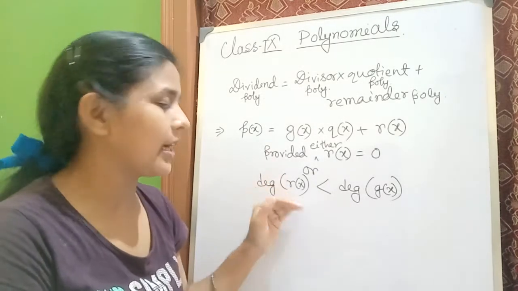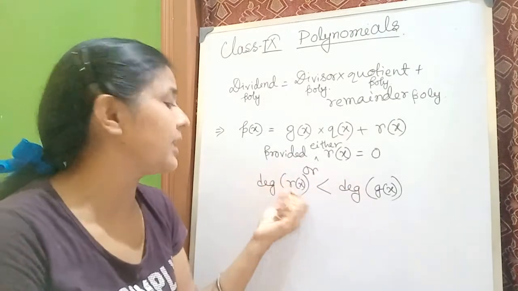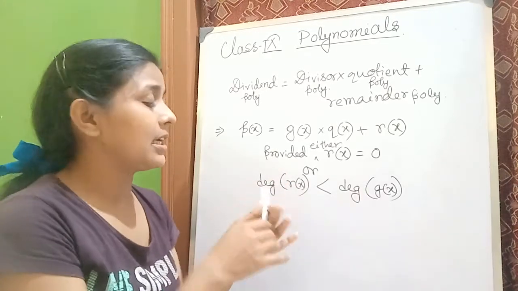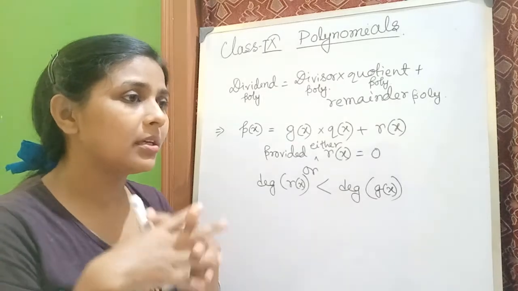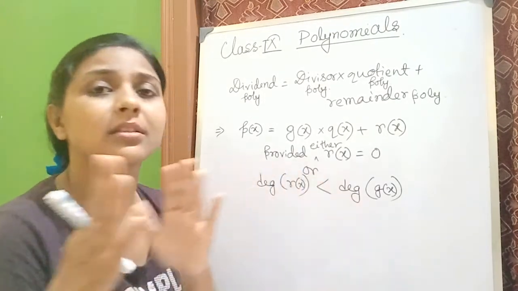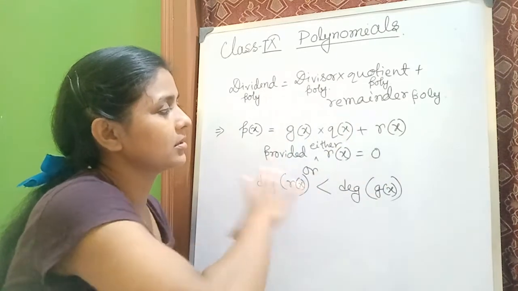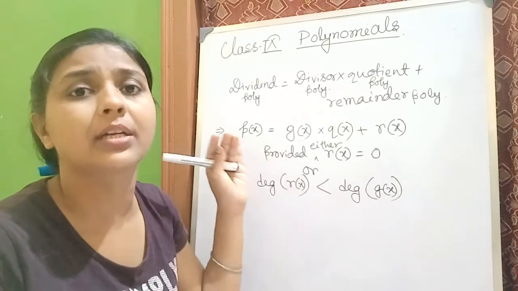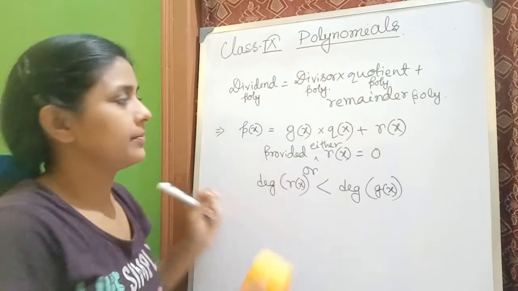Again, I am telling that the remainder will always carry less degree than the divisor. So this has to be always in your mind, because this is a very important concept and you need to know it.